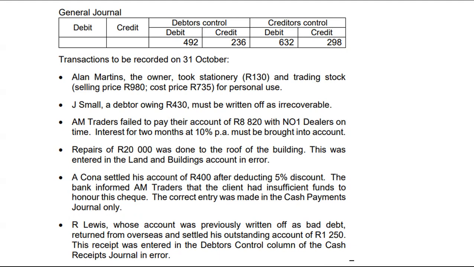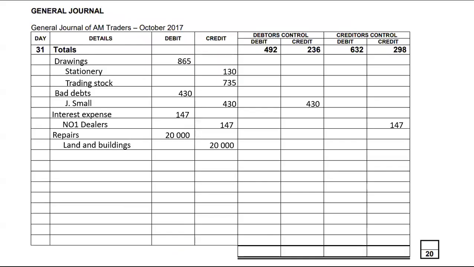Cancel the discount allowed: we will simply credit the discount allowed and debit the name of the debtor, which is A Corner, because he's going to owe us more due to the discount that was taken, because A Corner did not settle his account due to insufficient funds.